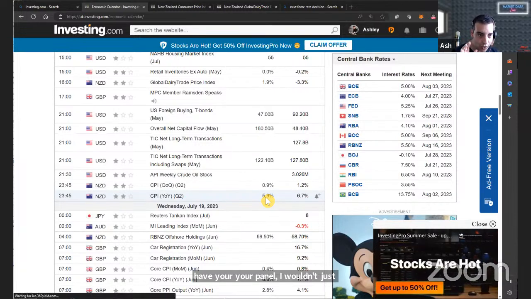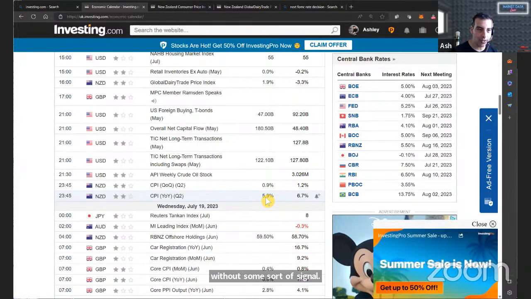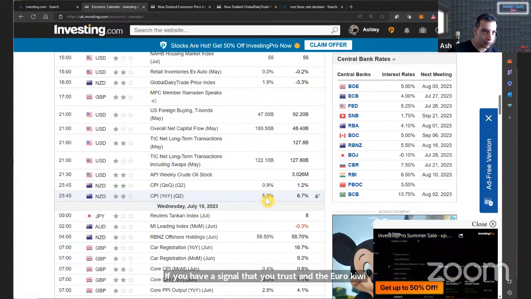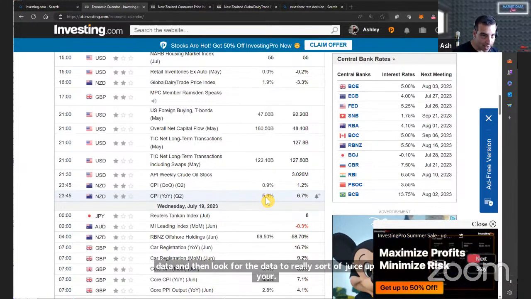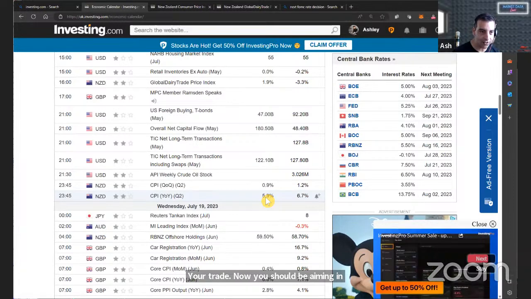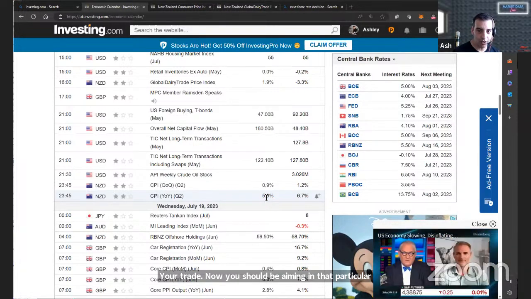If you have a signal that you trust, and the Euro Kiwi long shapes up, then you go into it regardless of the data, and then look for the data to really juice up your trade. Now, you should be aiming in that particular environment at least at a 2-to-1 minimum, because if you go to 1-to-1 for something like that, then you are flipping a coin 50-50. The data's bad, you're going to get run over.